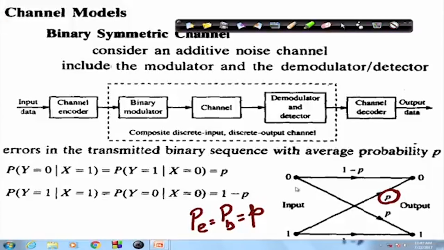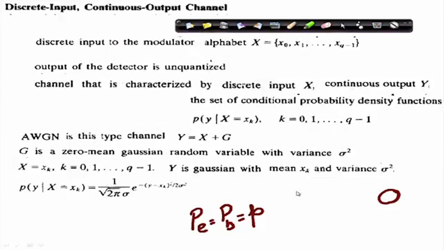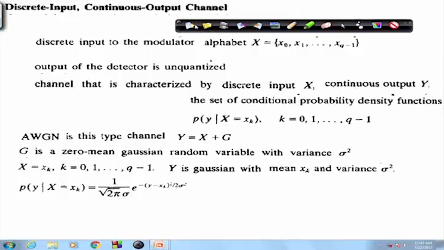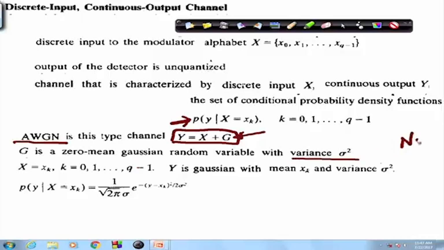Similarly, in this case as well, the noise is affecting the conditional probabilities. In an AWGN channel you have the simple model y equals x, the transmitted signal, with no distortion due to the channel, plus noise getting added, and n is a zero mean Gaussian random variable with variance sigma squared, and for all situations we have taken this to be N0 by 2.